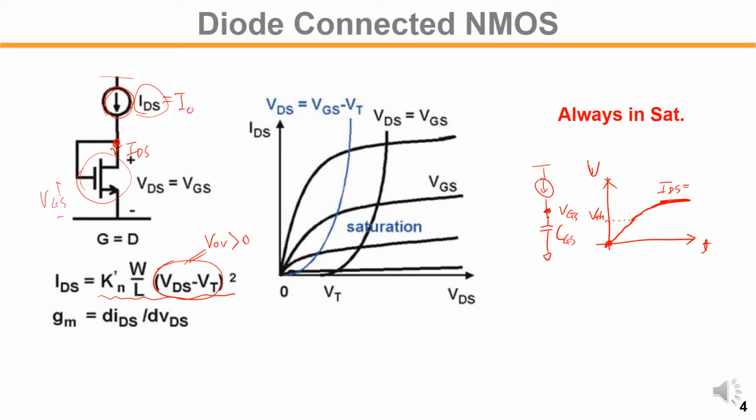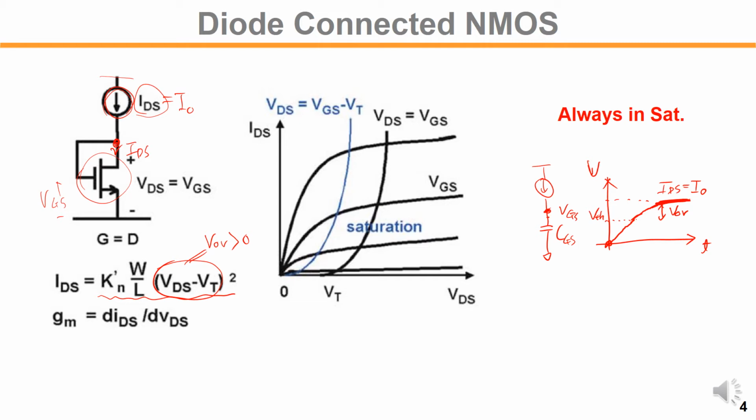If IDS equals I0, then it will stop here and stabilize. In that case, the voltage over VTH is the overdrive voltage that will set up the current I0. So this is how it works.